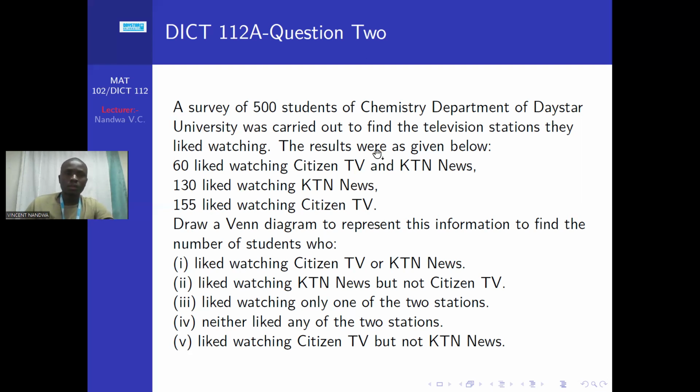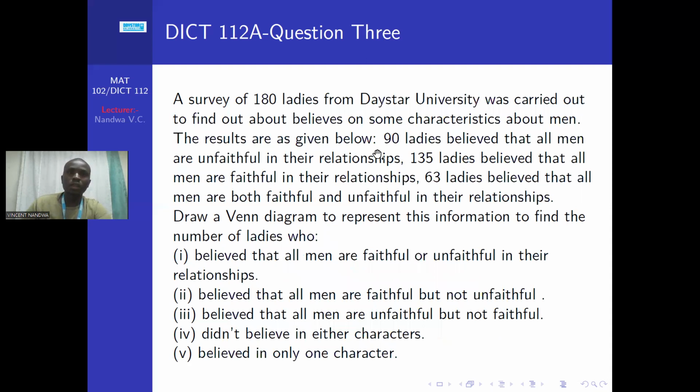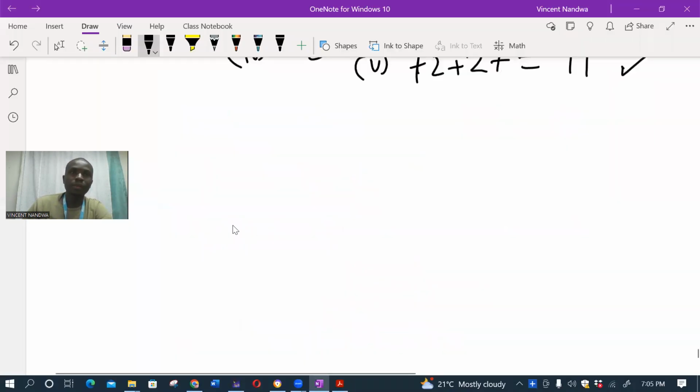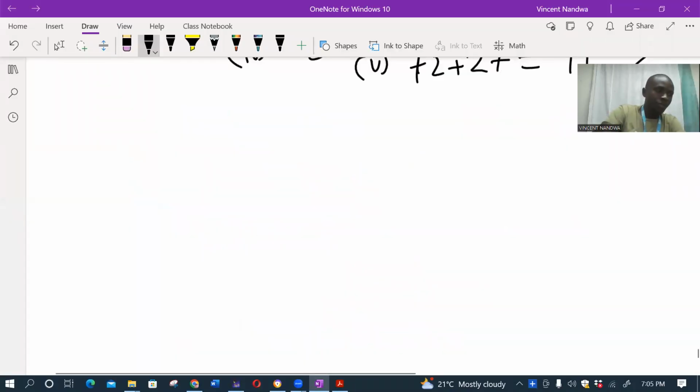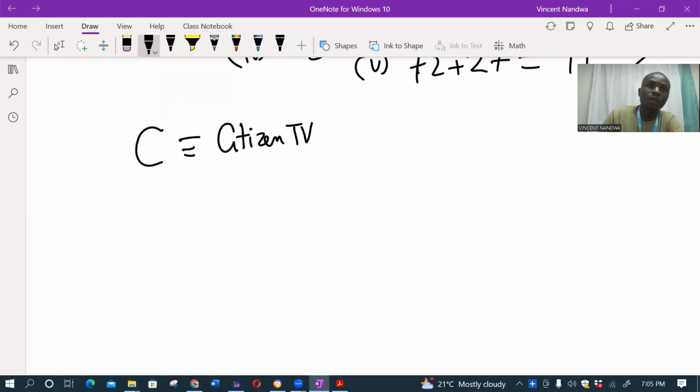So let's illustrate that. Without loss of generality, let's take C to represent those who like watching Citizen TV and K, KTN News.